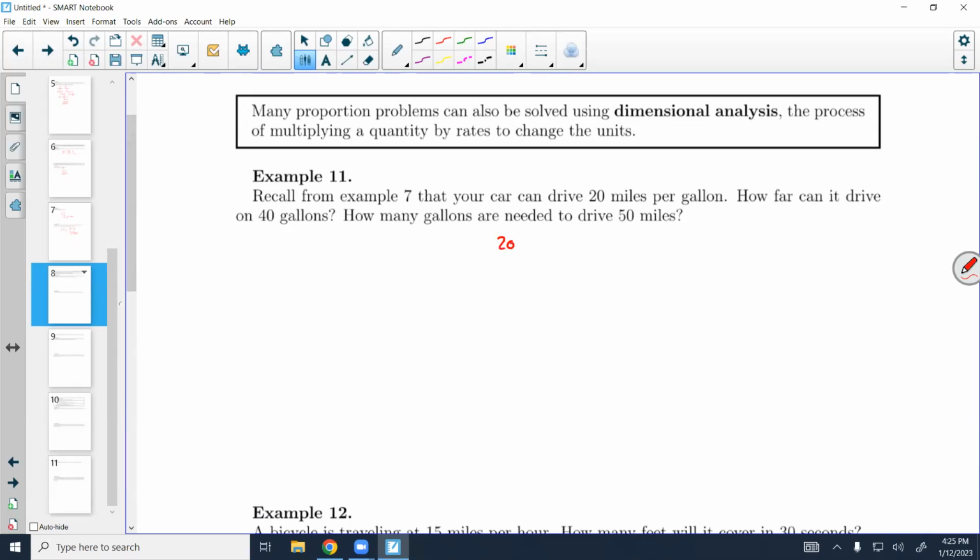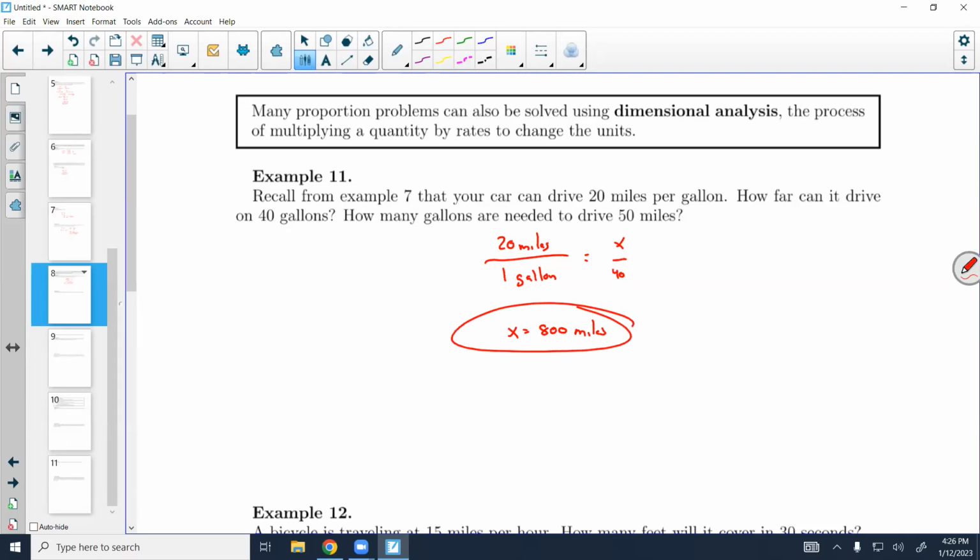So we're looking at 20 miles per 1 gallon. How far can it drive on 40 gallons? x over 40. Cross multiply, we get x equals 800 miles.